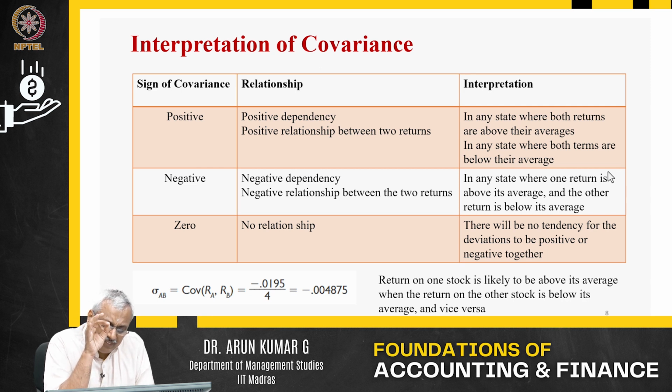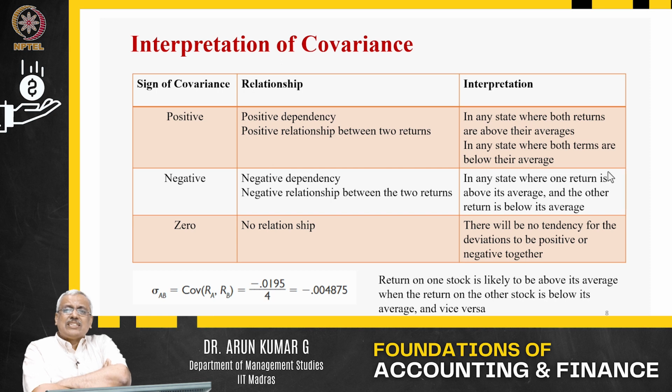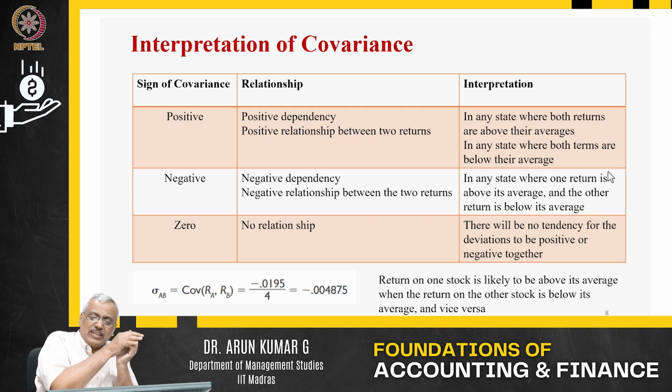If it is positively correlated, if it positively covaries, that means there is a positive dependency of one stock on the other, A and B. If there is positive covariance, then one is dependent on the other. There is a mutual dependency on both these stocks, a positive relationship between these two.